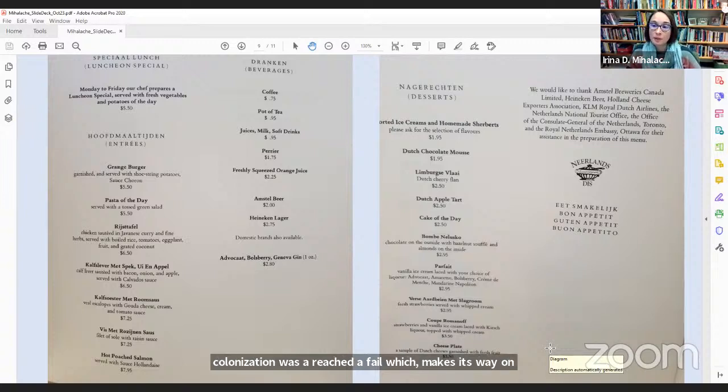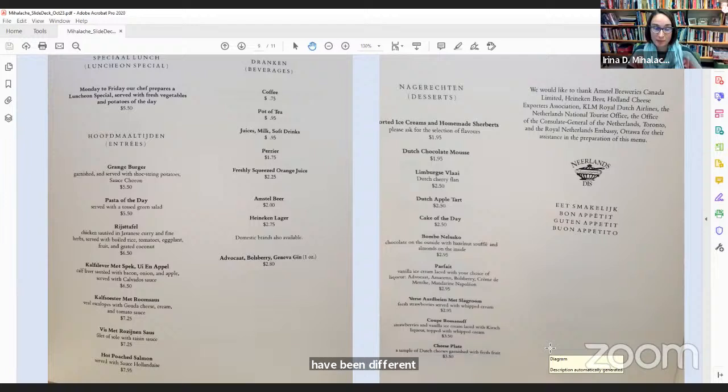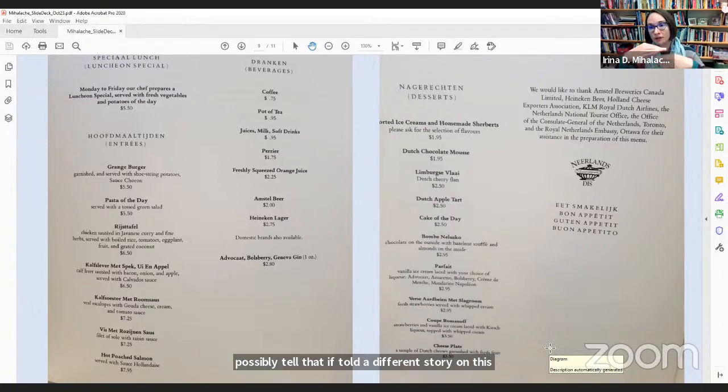So we can only think about the ways in which this menu maybe could have been different if the AGO at the time would have collaborated maybe with a local Indonesian restaurant that could have possibly told a different story on this menu. But right now we are kind of at this level of high-level partnership between the Art Gallery of Ontario and very large either political or diplomatic or beer entities.